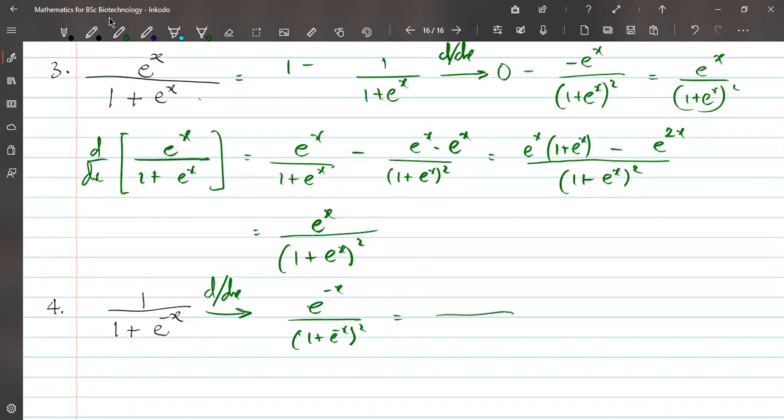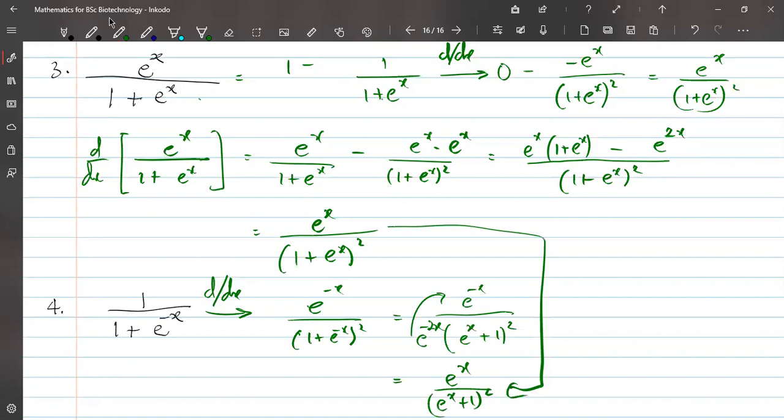In other words, the denominator can be multiplied by e power x the whole square, because there is a square here. So here you get e power x plus 1 the whole square, but that has to be balanced out with its reciprocal, which is e power minus 2x. So this can now be brought to the numerator with a plus in the exponent. So that becomes e power x by e power x plus 1 the whole square, which is again the same answer, because it's the same question, just written differently.